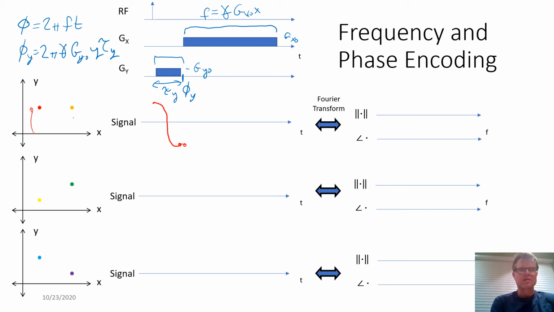And then, since it also has some offset in the x direction, when the x gradient is turned on, it has some change in frequency. Now it's going to be a slower change in frequency again, just like our prior examples. And then when we're taking the Fourier transform here, we're taking it of this portion of the signal here.